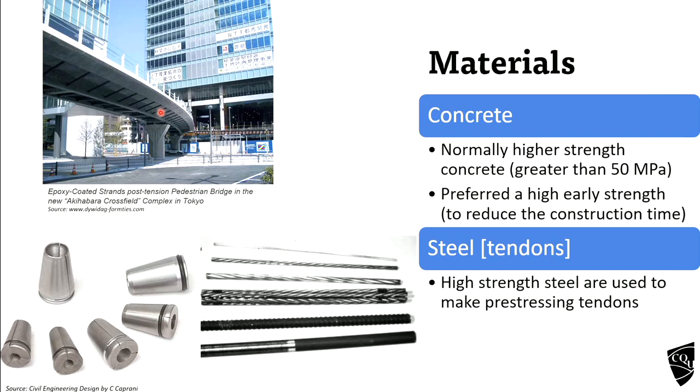The steel, here again we use high strength steel, not like N-type. N-type is only 500 MPa, but here we will use high strength steel. So these are the steel sections we use in pre-stress.